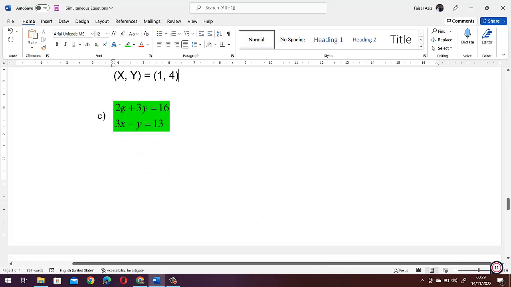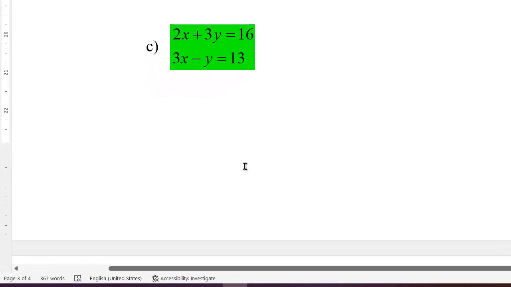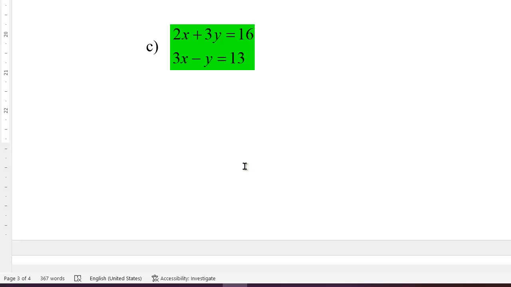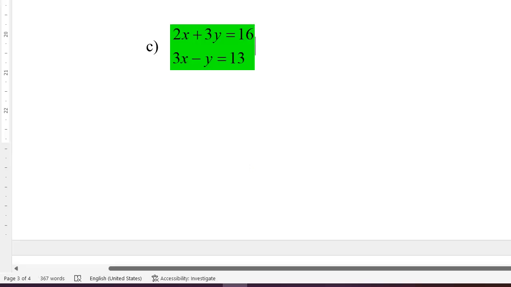As you can see, in equation number 1 we have 2x plus 3y, all these coefficients are positive, and in equation number 2 we have 3x which is positive and y which is negative. So in this case we can eliminate one of the variables by only adding the equations. So let's do this question here.